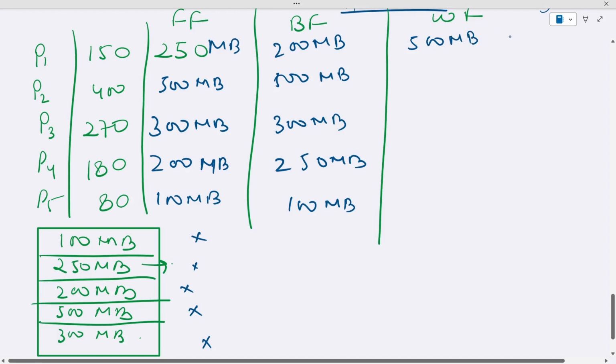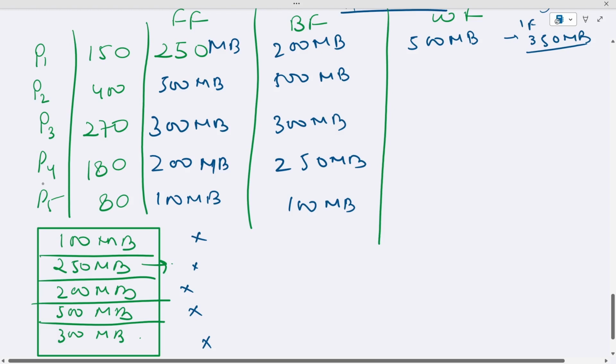What is the internal fragmentation here? 500 minus 150, which is 350 MB of internal fragmentation. Worst fit gives the highest internal fragmentation, while best fit gives less internal fragmentation.